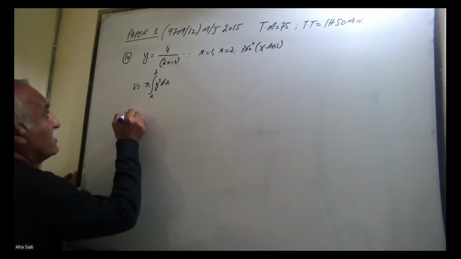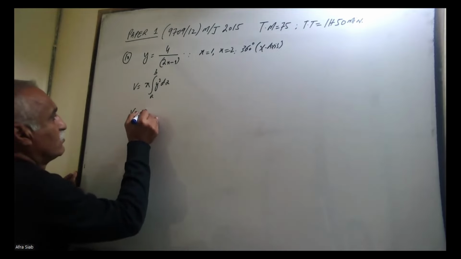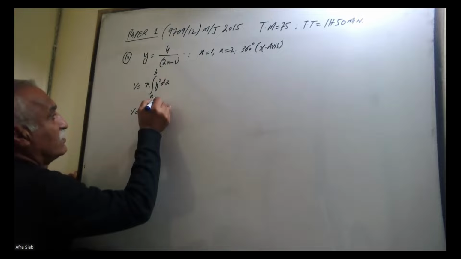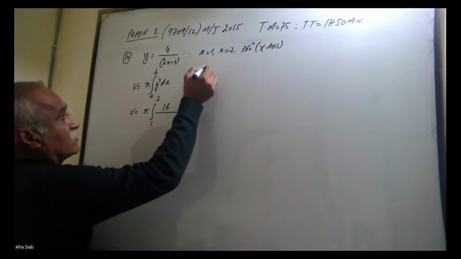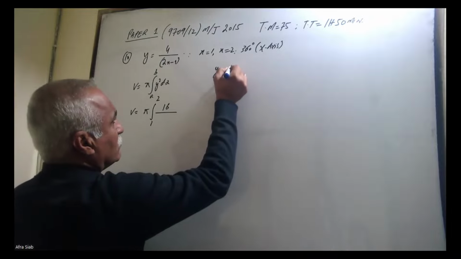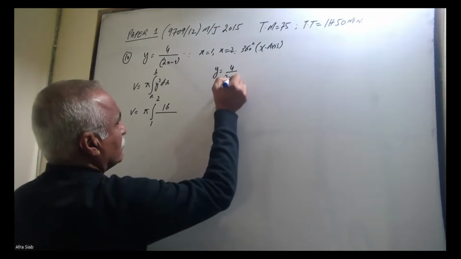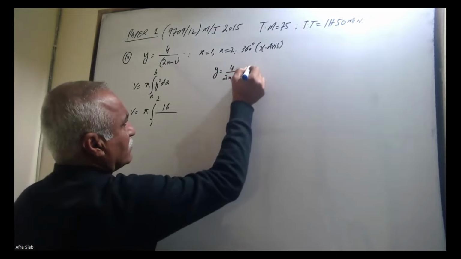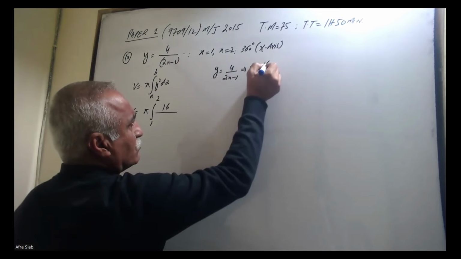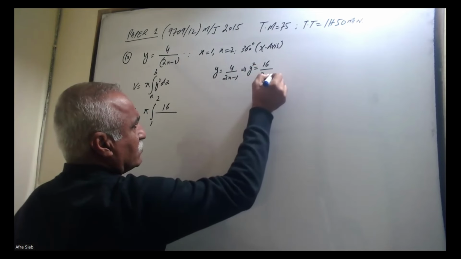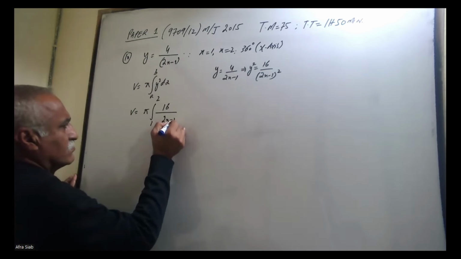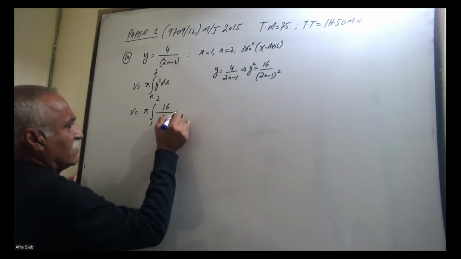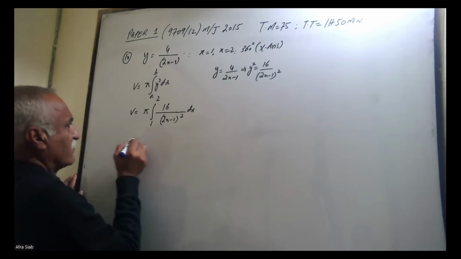So we can write V1 equals pi, with limits 1 to 2, of y squared, which is 16 over (2x minus 1) whole squared, because if y equals 4 over 2x minus 1, then y squared equals 16 over (2x minus 1) squared, into dx.